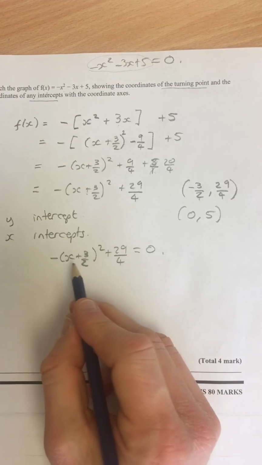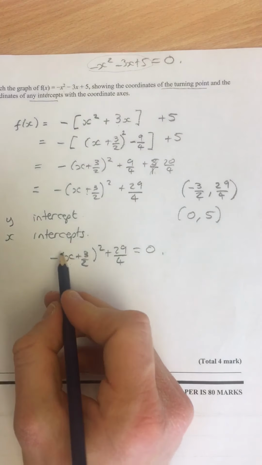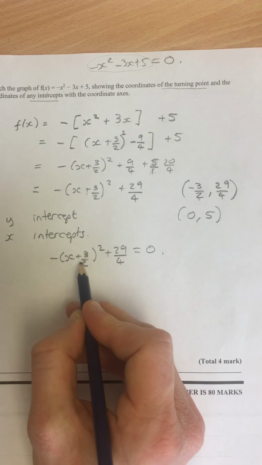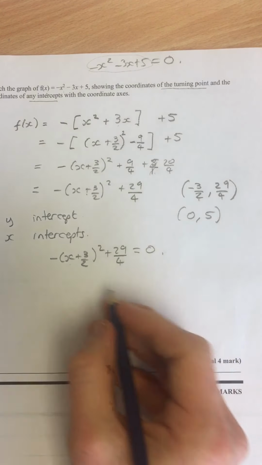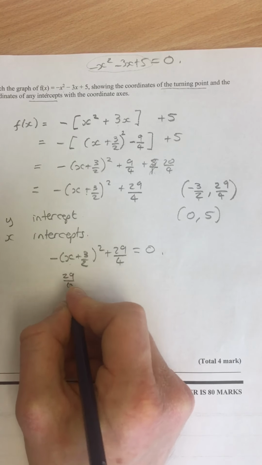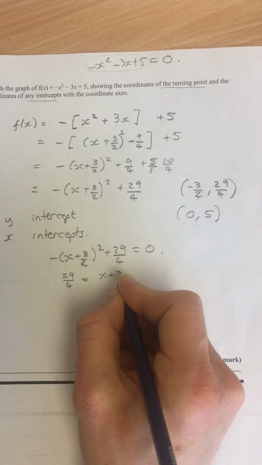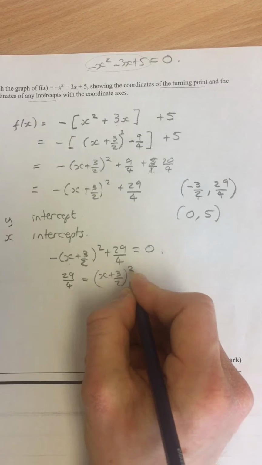And now I'm going to rearrange just to make x the subject. So I'll take this negative, move it over there so it's positive. So I'll get 29 over 4 equals x plus 3 over 2 all squared.